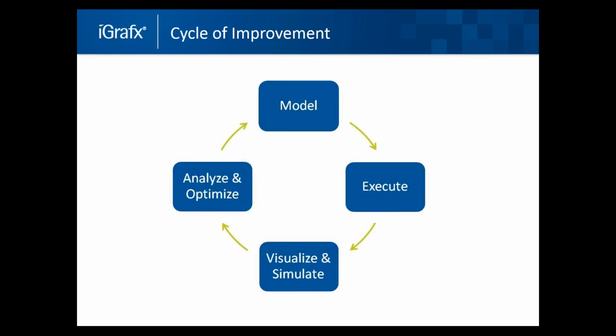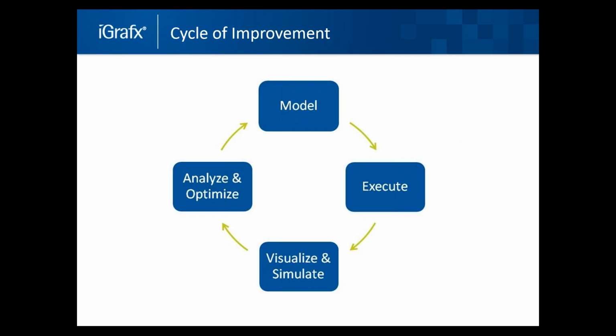Mainly what we talk about at iGraphics is this holistic approach that we want to give you a quick glimpse of in the following minutes. We call it the cycle of improvement, which mainly consists of 4 phases, where we actually go in and model a process. Then we use our automation workflow engine to execute that process and bring it to life.